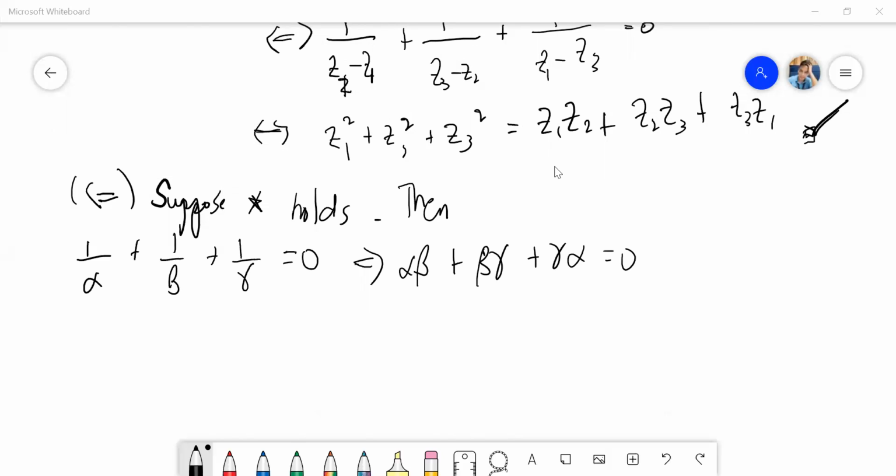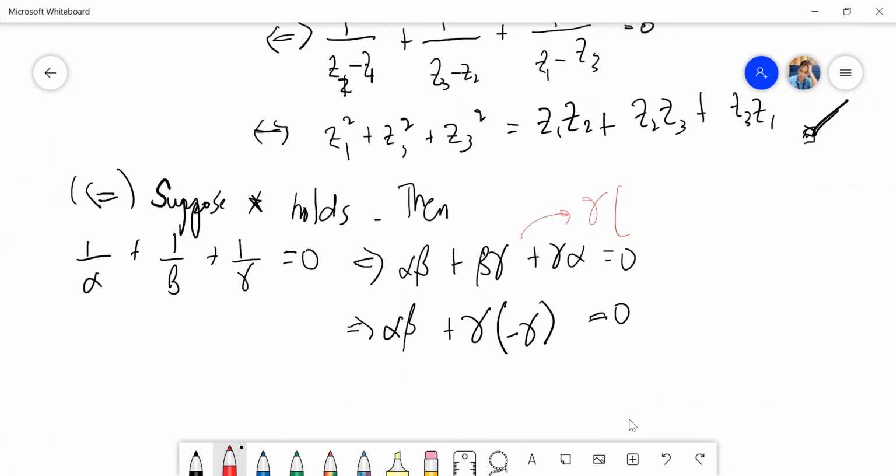In this case, I can write this as alpha beta plus gamma times (beta plus alpha) equals 0. Why? I can extract gamma here and I would have beta plus alpha, but beta plus alpha is equal to negative gamma.